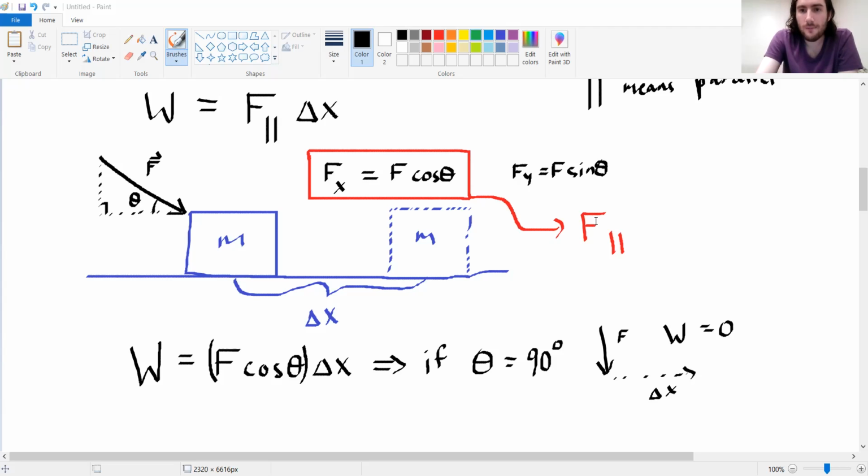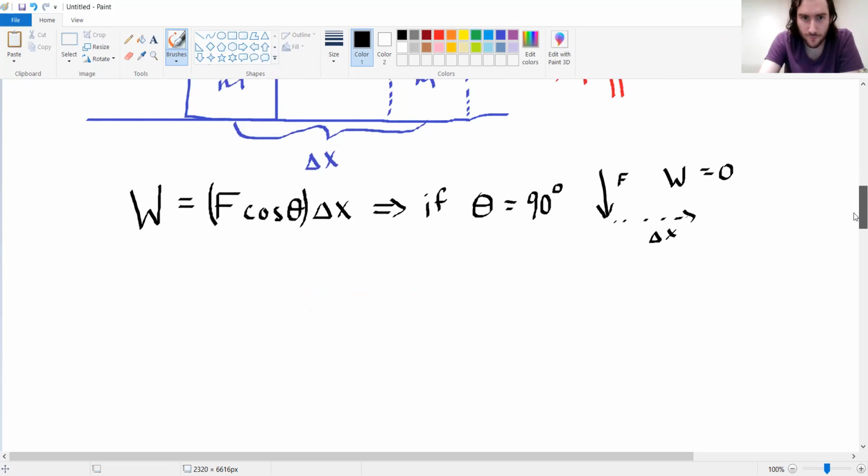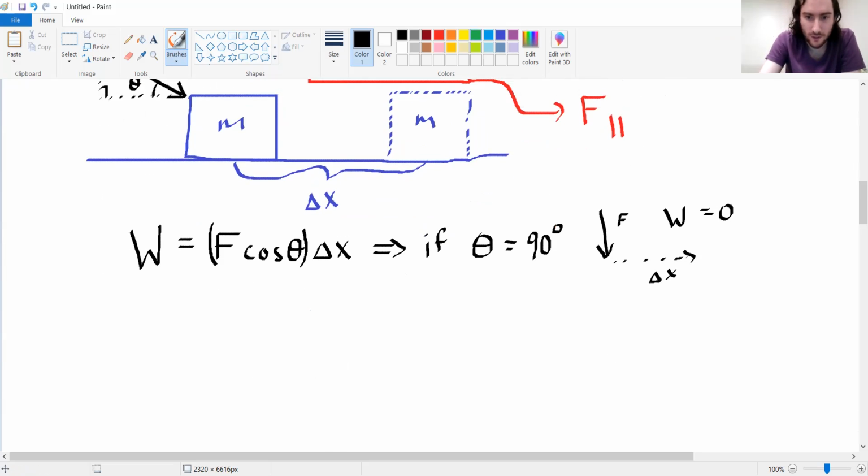Okay, so let's do an example now, right? So we've got this concept of work under our belts now, so let's try and apply it. So for those of you maybe are still copying down, I'll leave a little bit of space there. So I will go ahead and grab an example.